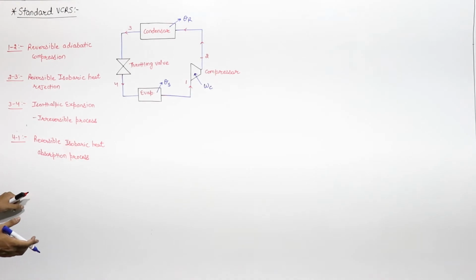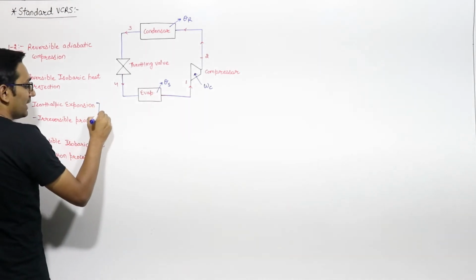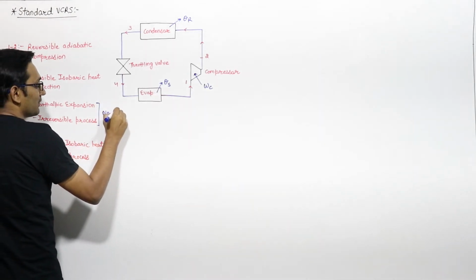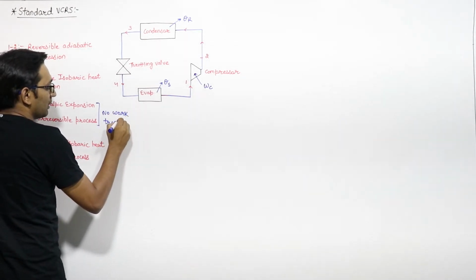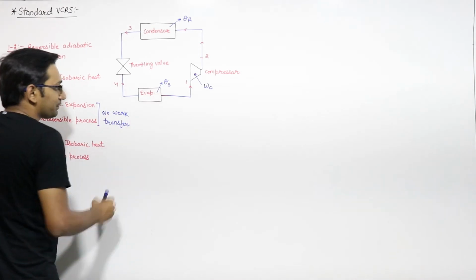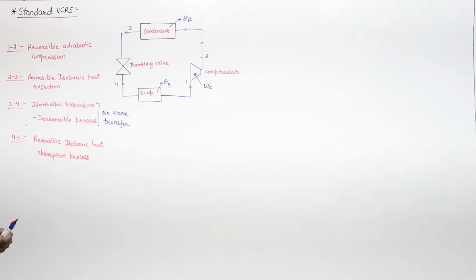If you remember your thermodynamics concepts, in the throttling valve there is no heat transfer and no work transfer. So in the isenthalpic expansion there is no work transfer. So this is the standard vapor compression refrigeration system.